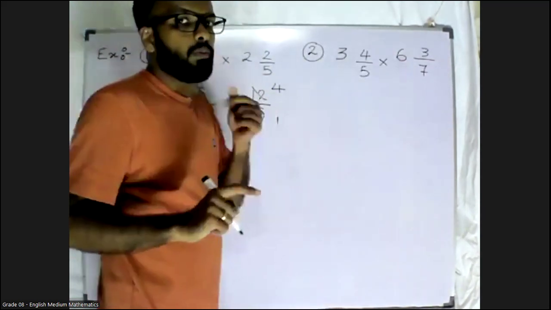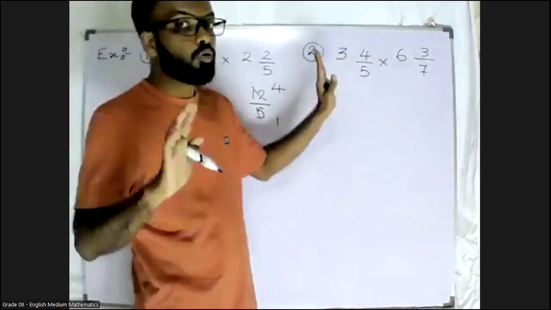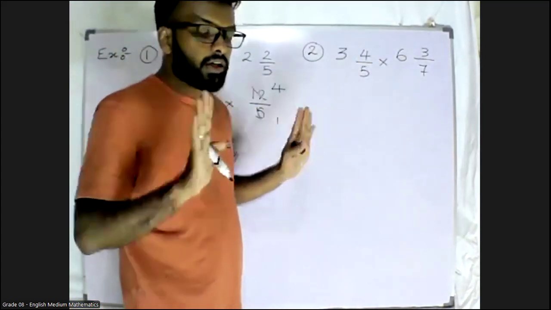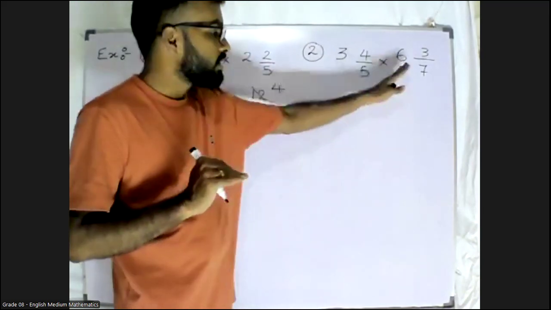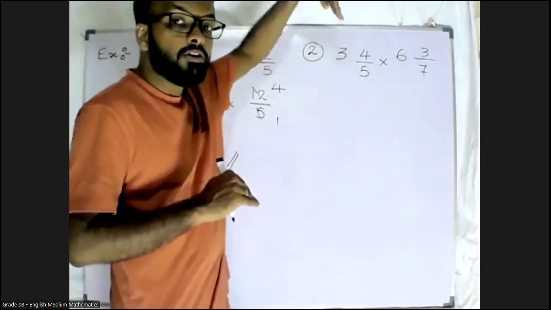Both are now mixed numbers, right? So what you have to do first, convert these mixed numbers into improper fractions.